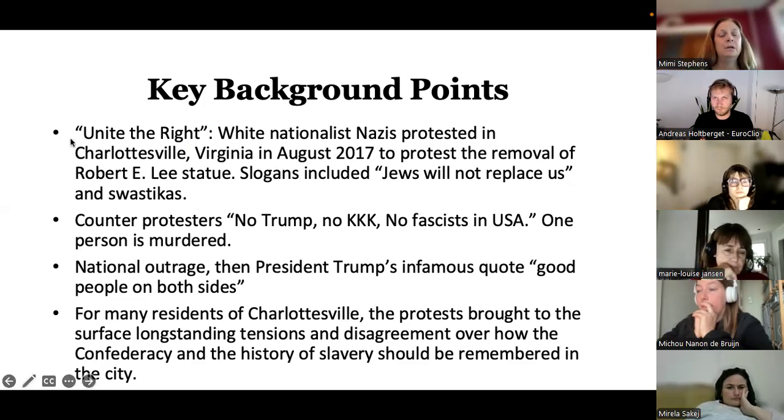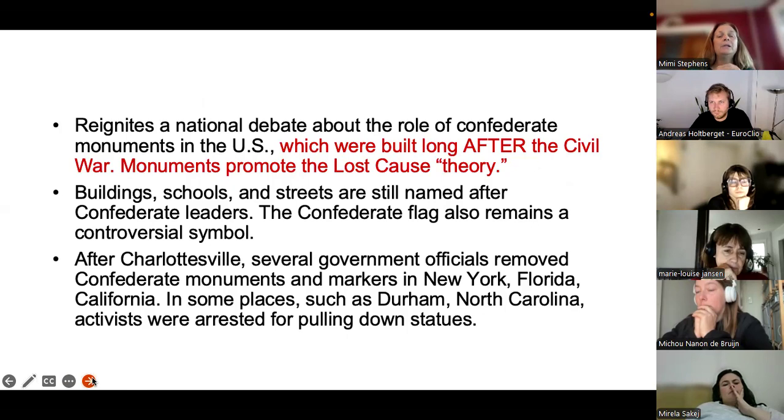That caused more outrage. This event really brought to the forefront the question about the Confederacy and the history of slavery and how we should remember it. It's important to remember, though, and there's a 4-page background reading, so I'm just summarizing it here.